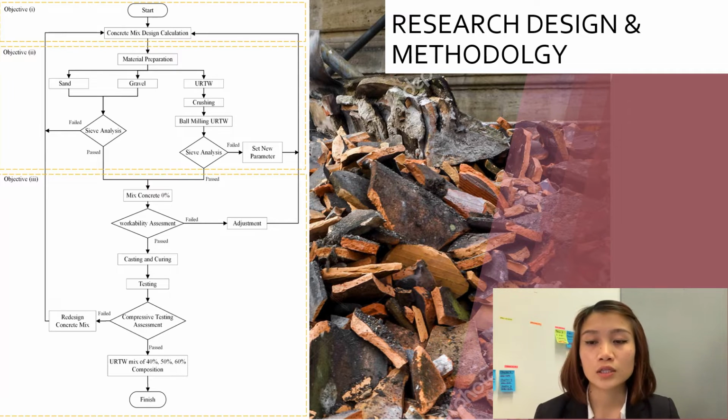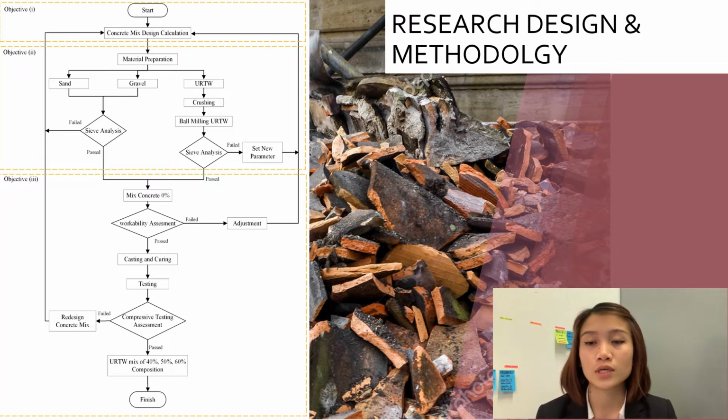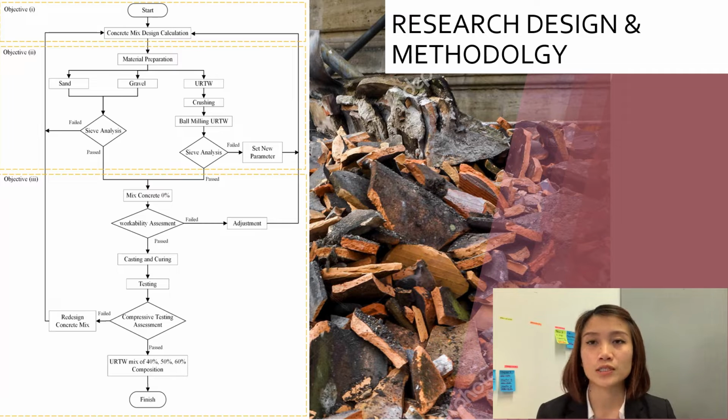And the third objective is when the concrete will be mixed together with the URT, and the conventional concrete also will be made as a comparison at the end of the experiment. So basically this is the process, and next I will be talking about the methodology in more detail, where all the data will be analyzed from this methodology.